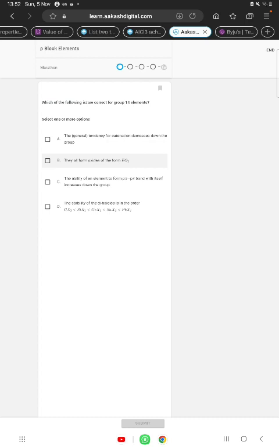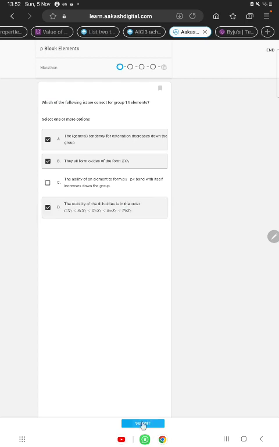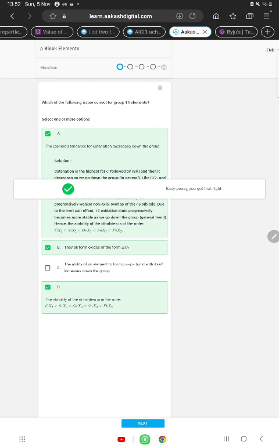The general tendency of catenation decreases down the group. Yes, size increases, so this is correct. They all form oxides of the type EO2, that is also correct. The ability of an element to form p-pi bonds with itself increases down the group. This is wrong. The stability of the dihalides in order will increase, because of the +2 oxidation state.